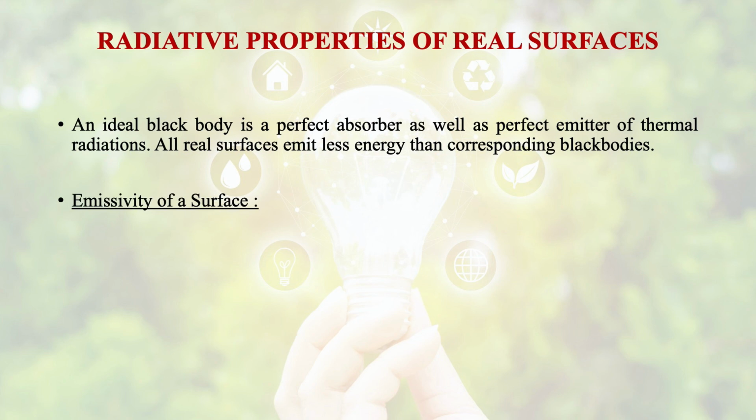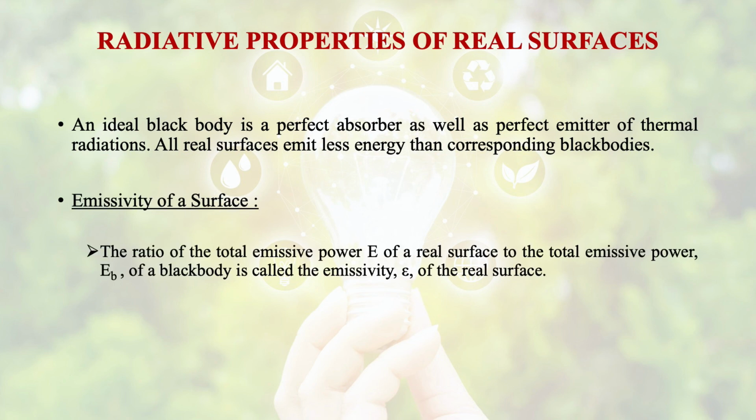And emissivity of a surface is the ratio of the total emissive power, that is E of a real surface, to the total emissive power EB of a black body. It is called the emissivity and is given by E by EB.